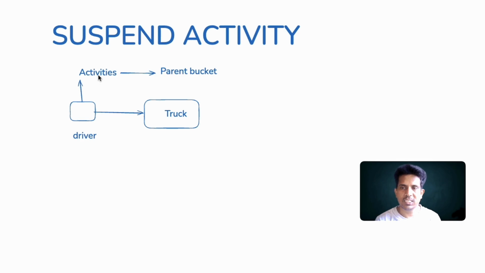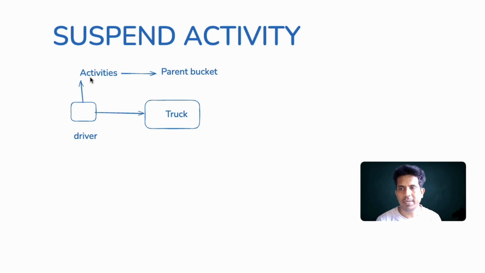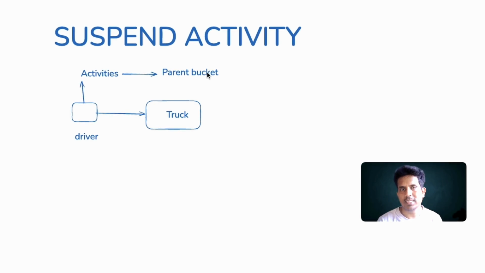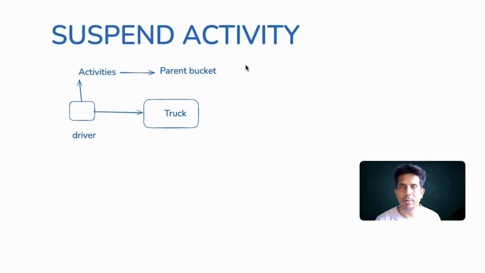Ideally, a suspended activity stays with the driver's route. But the common requirement is that the activity should move to the parent bucket so that the routing engine will consider that activity and it will be assigned to some other driver. We'll see how to implement this.